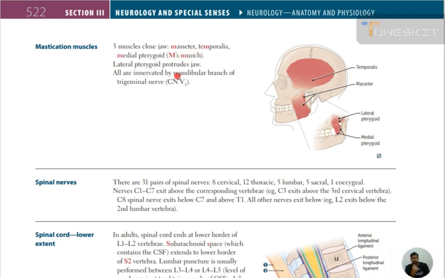The lateral pterygoid protrudes the jaw, and all these muscles are innervated by the mandibular branch of the trigeminal nerve.